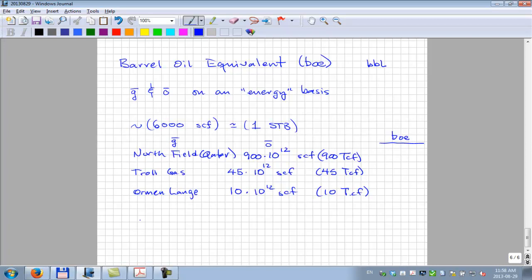And all you have to do is divide the standard cubic feet by 6,000, right? So can somebody help me do that? Well, this is going to be easy. Well, not easy. I'll still let somebody do it, because 900 times 10 to the 12th divided by 6,000 would be the same as 900 times 10 to the 9th divided by 6.